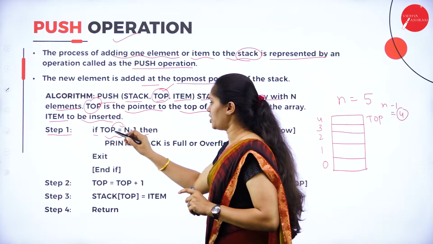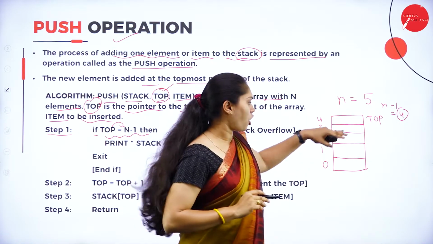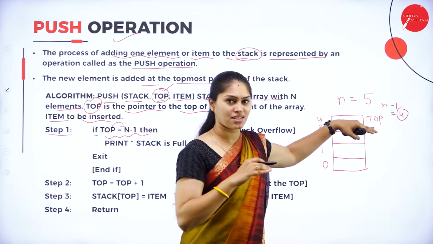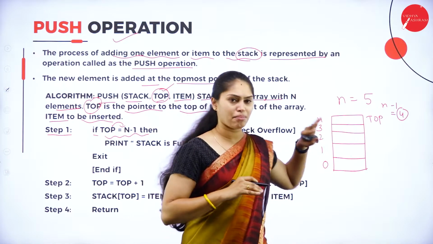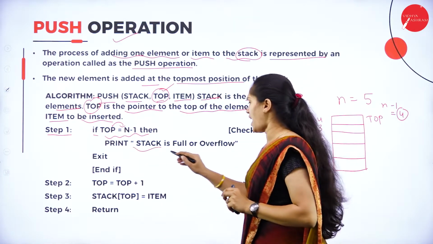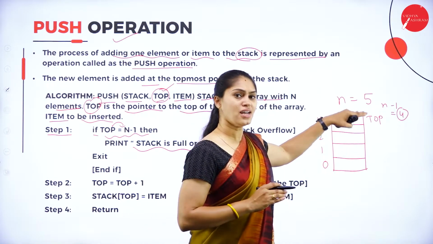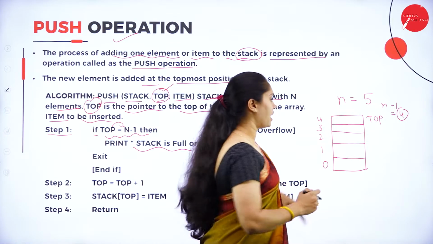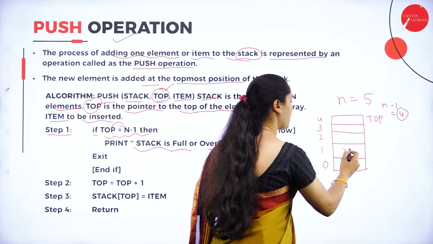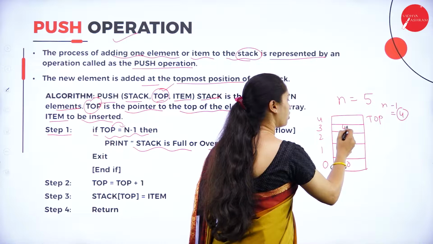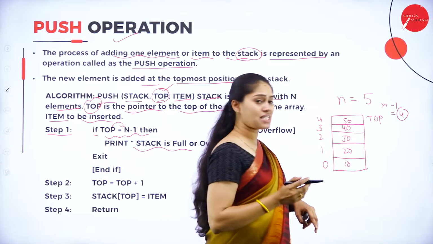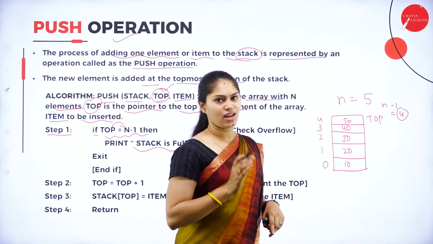If top is equal to n minus 1, that means top is at the maximum size. If top is at the n minus 1 position, then the stack is full, or overflow. So when the top is at the n minus 1 position, that means we have all the elements in the total number of elements of the array. That means I can't insert a new value to the stack.